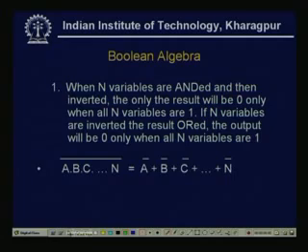Now, if we take what is written: A, then B, it is ANDed, C up to say n such variables, and then the whole thing is inverted.